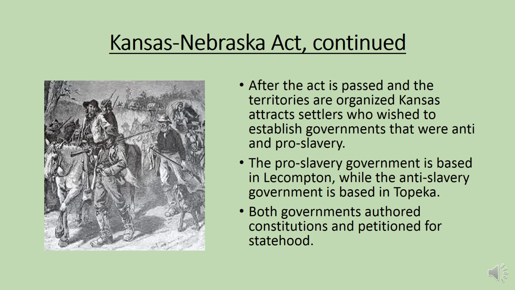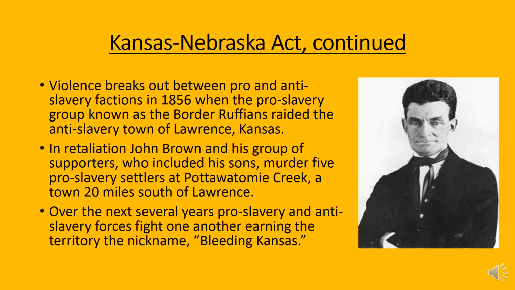The pro-slavery government is based in a town called Lecompton. Near Lecompton, anti-slavery forces set up a town called Lawrence. The true government for the anti-slavery faction is based in Topeka, though, and Topeka will eventually become the capital city of Kansas. Both governments authored constitutions, and then both petitioned Congress for statehood.